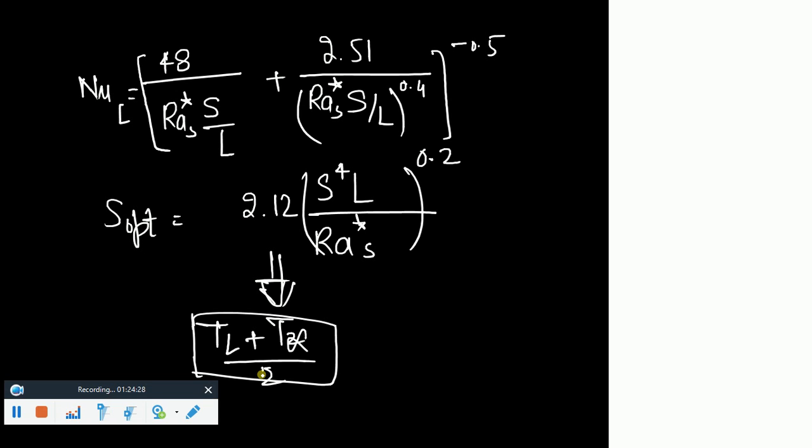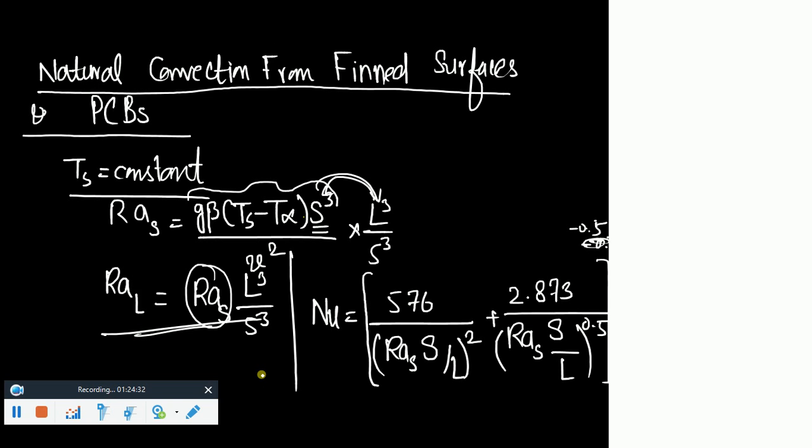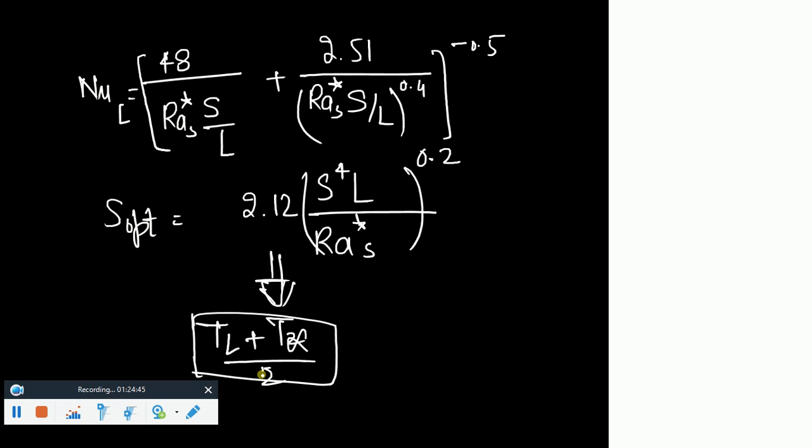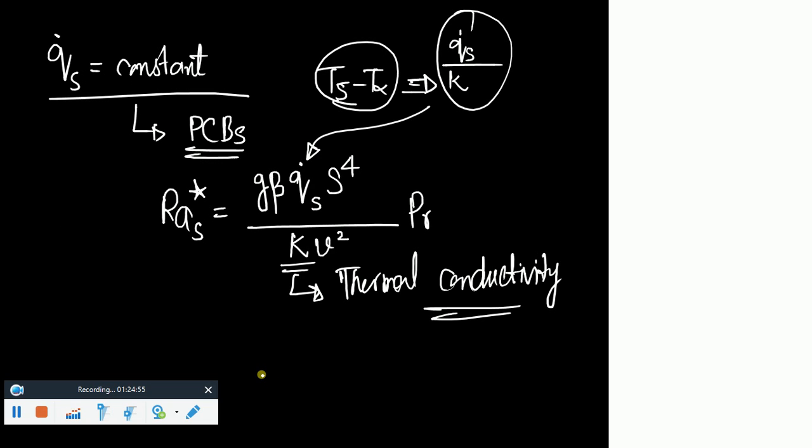Are you talking about that one fin case, that Q dot S? That was only for the vertical plate. But if you have finned surfaces, I hope you understand what finned surfaces are. There are fins coming out of it, and those fins are having this boundary condition, you should use this relationship. That was for the vertical plate only. One vertical plate.